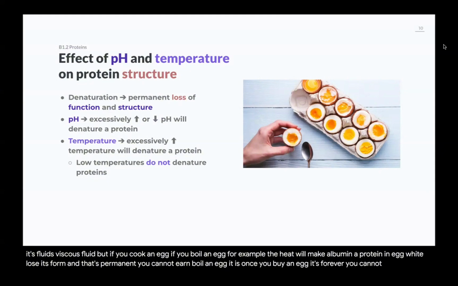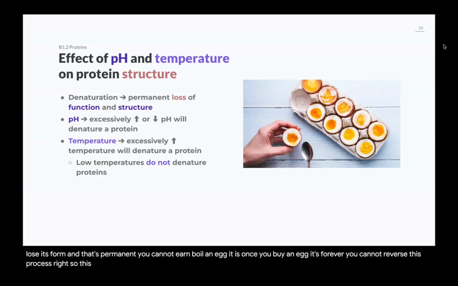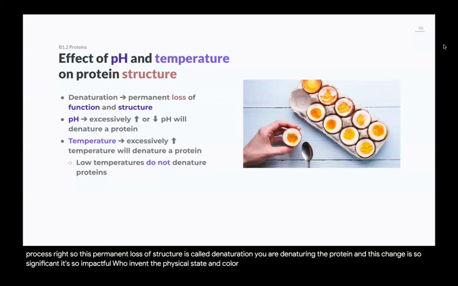You cannot reverse this process, right? So this permanent loss of structure is called denaturation. You are denaturing the protein. And this change is so significant that even the physical state and color of egg white change. You go from a clear viscous liquid to a white solid.